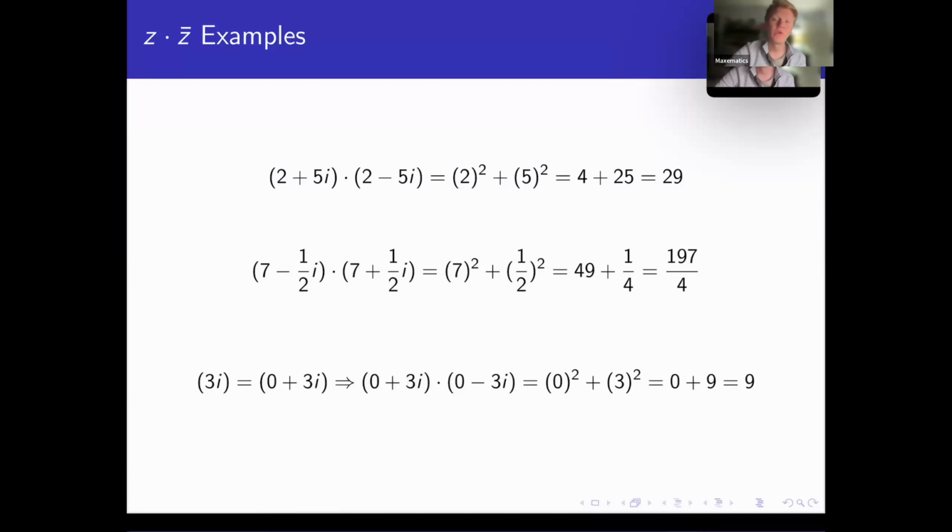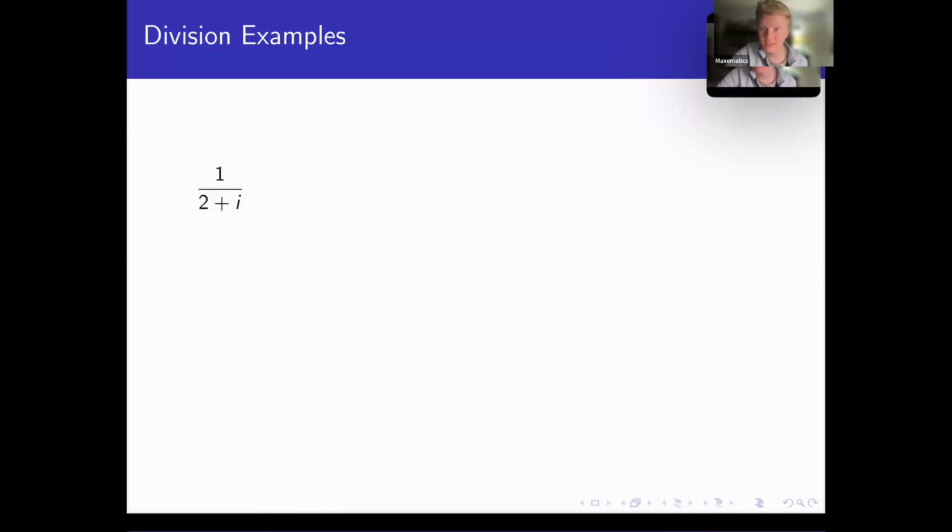Okay, now we did it this way so that it's a lot easier to do division. So what we're going to do for complex division is multiply by the conjugate, exactly like we rationalized the denominator. We don't want i in the denominator here.